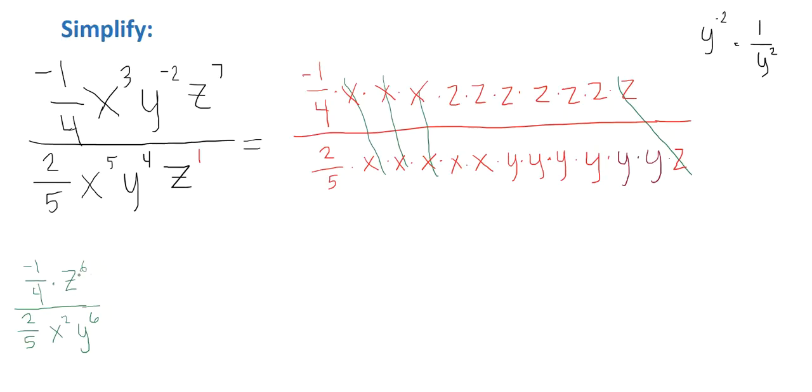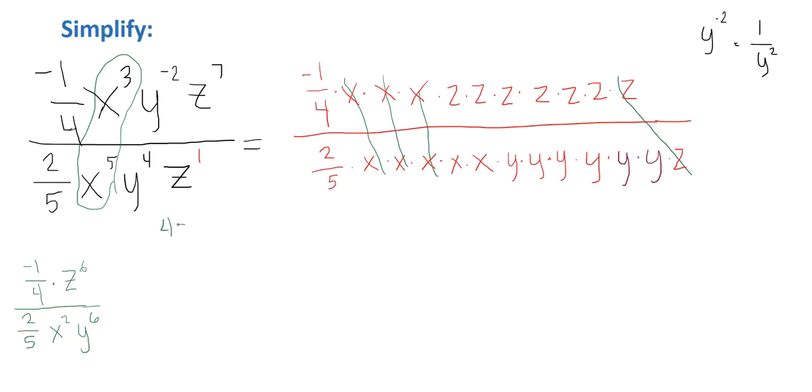And we can also see that if we look at the x's here, we have more x's on the bottom than the top. So if we were to do 5 minus 3, that leaves 2 x's on the bottom. For the y's, we could say 4 minus negative 2.